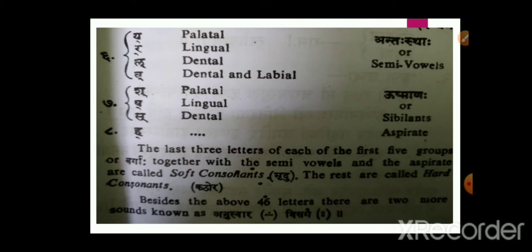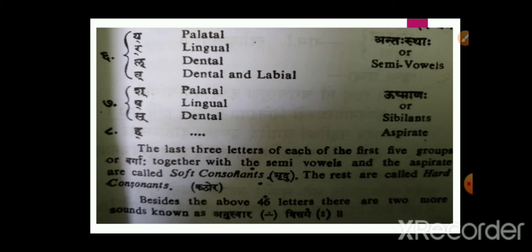That dot is called anuswara. And visarga means after the letter, when we are writing a word, at the end we put a colon. That is called a visarga.